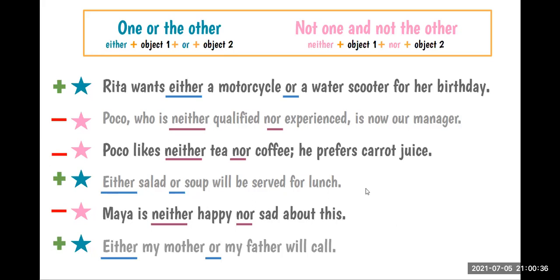Let's see here. We have different uses for neither and either. We can use this with two or more nouns. We can also use this with two or more separated clauses. We can use this for two or more adjectives. And also we can use this for two or more linked clauses.